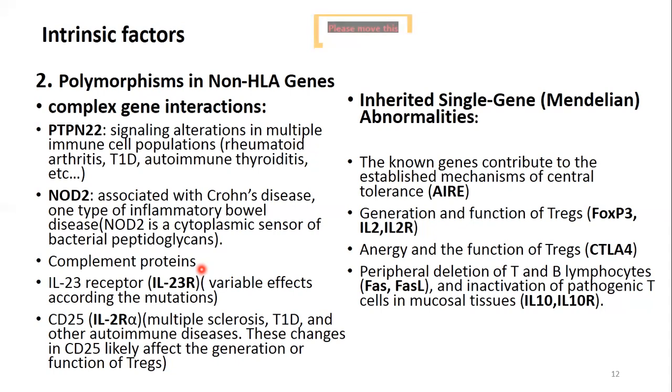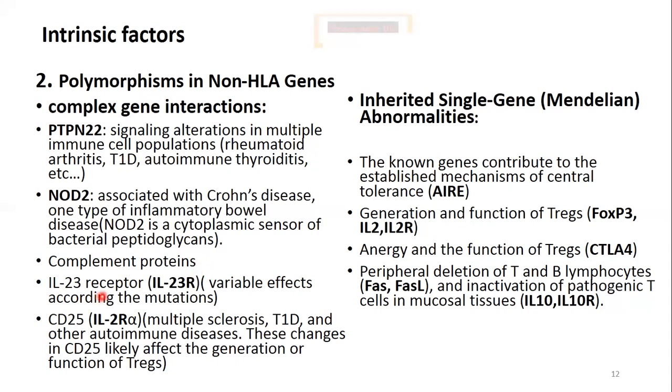When there is a deficiency in these complement proteins, the clearance of antigens is deficient, so the antigens persist at the site of damage, which may lead to or amplify the immune response.